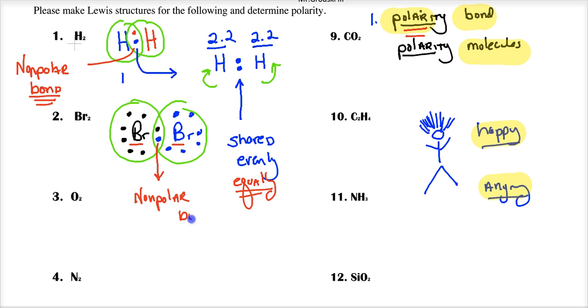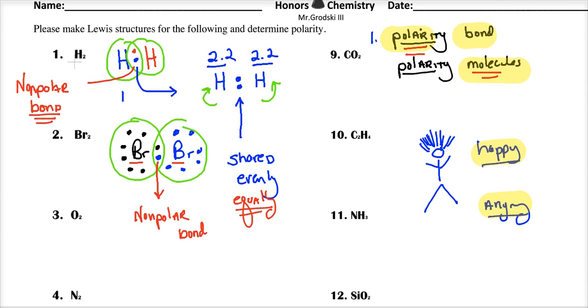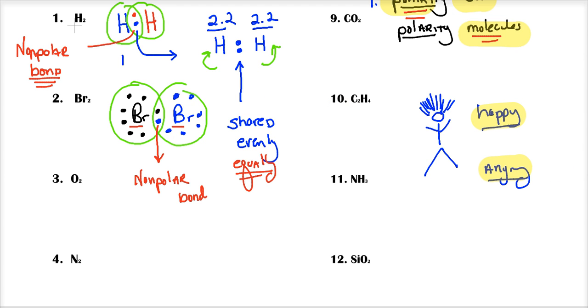Make sure you say bond, don't just say non-polar, because there's something called molecules as well. If you have the same electronegativity, you'll have a non-polar bond, because being the same element means you're going to have the same attraction for electrons.